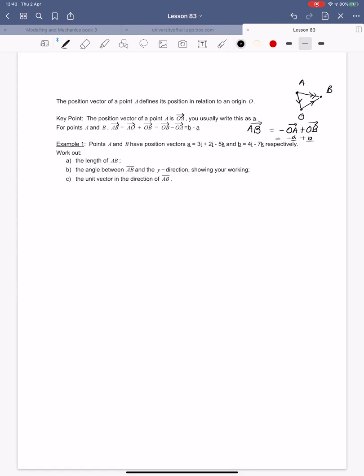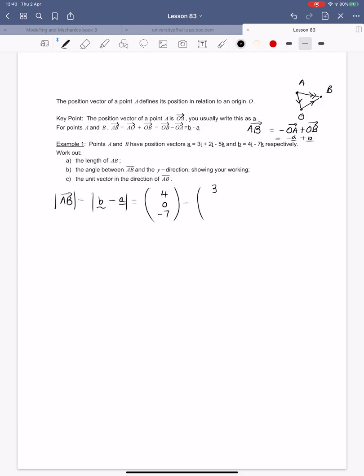Right, example 1. Points A and B are position vectors. A, there's that one, B is that one. Work out the length of AB. So the modulus of A to B is the size of vector B minus A. They didn't need to be as long as that, those lines. And B is 4, 0, minus 7.